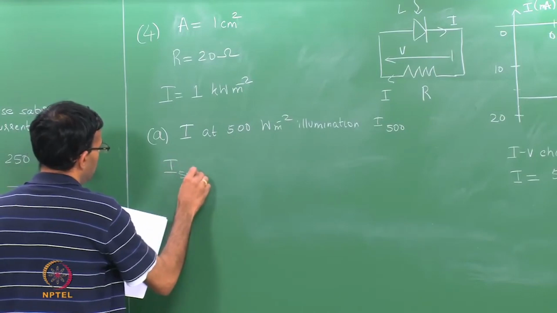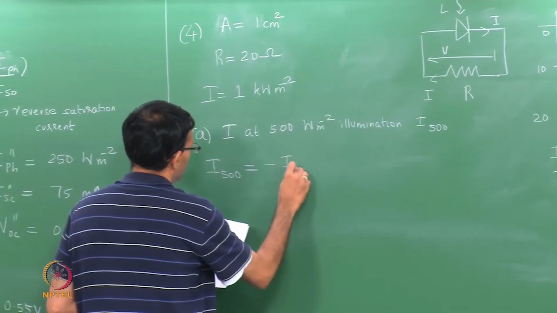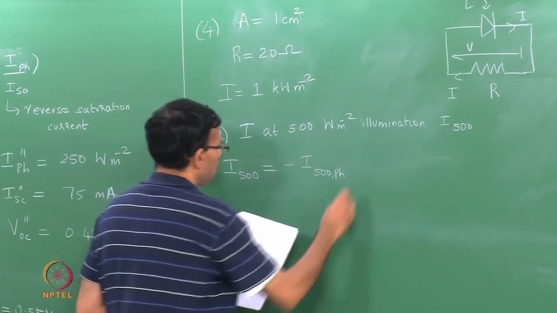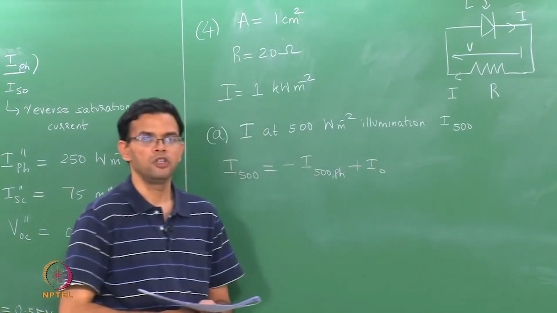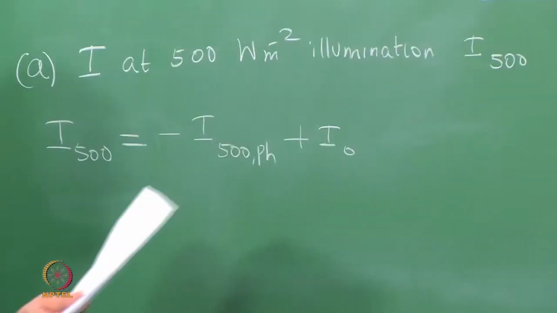So, I 500 is given by the intensity of the light plus a voltage due to the potential barrier that is created by the resistor.